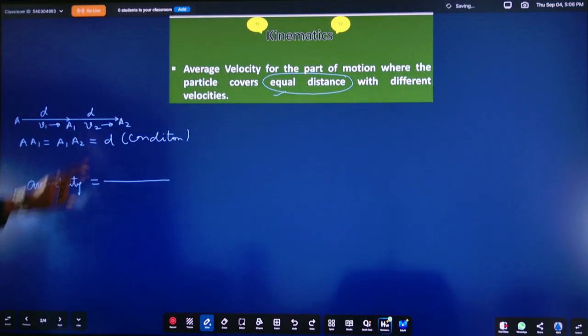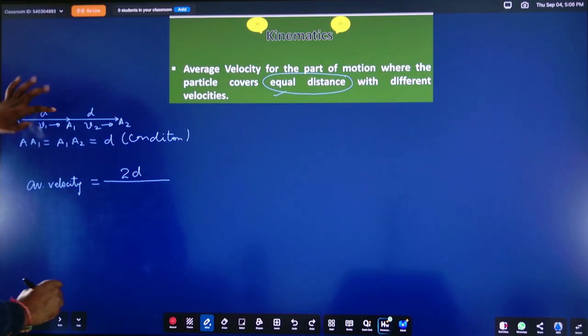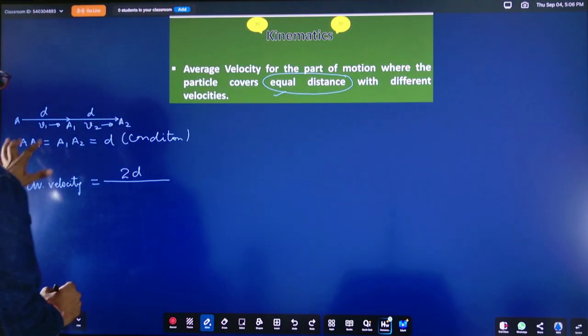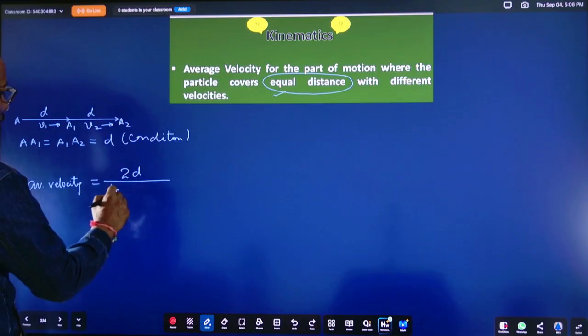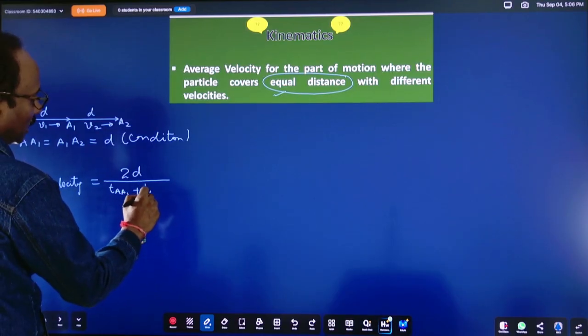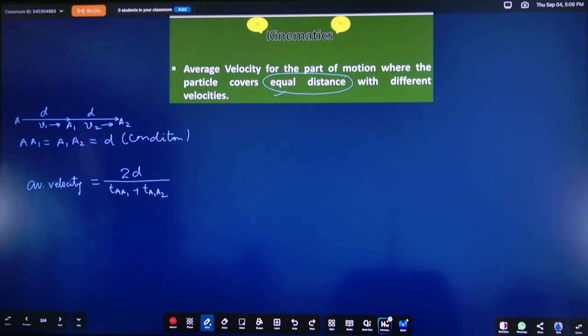Total distance, displacement, that is d plus d, 2d, and time taken from A to A1 plus time taken in traveling from A1 to A2.